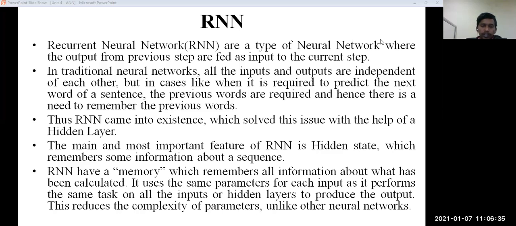Thus RNN came into existence, which solved this issue with the help of a hidden layer. The hidden layer in RNN is a very important concept. It is a bit different compared with the previous concepts. The most important feature of RNN is the hidden state, which remembers some information about a sequence.